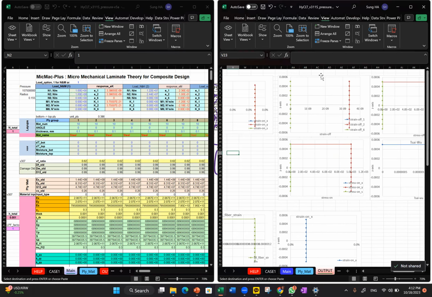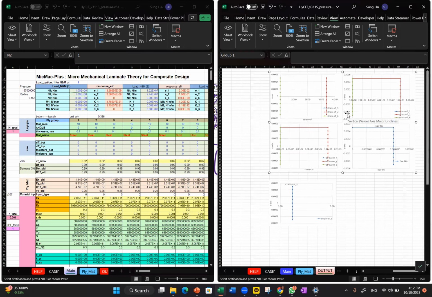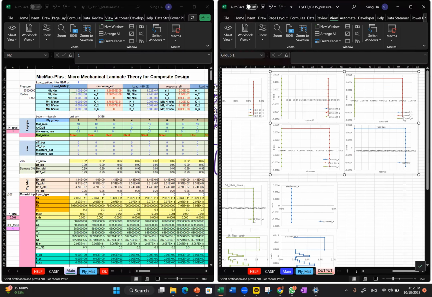As you can see here, the first one, the one directional and second directional axis is the same. This is overlapped, and there is no shear strain. And actually, each one also has stresses: one directional stress, two directional stress and six directional stress.